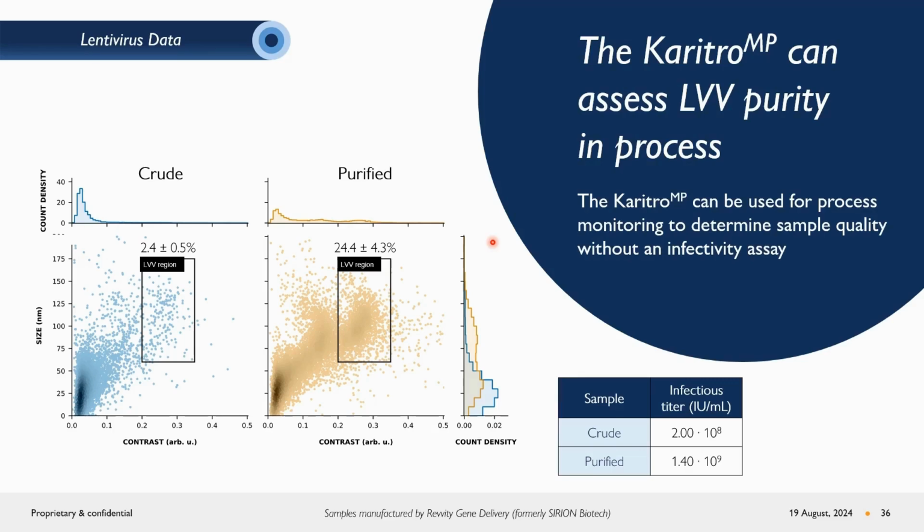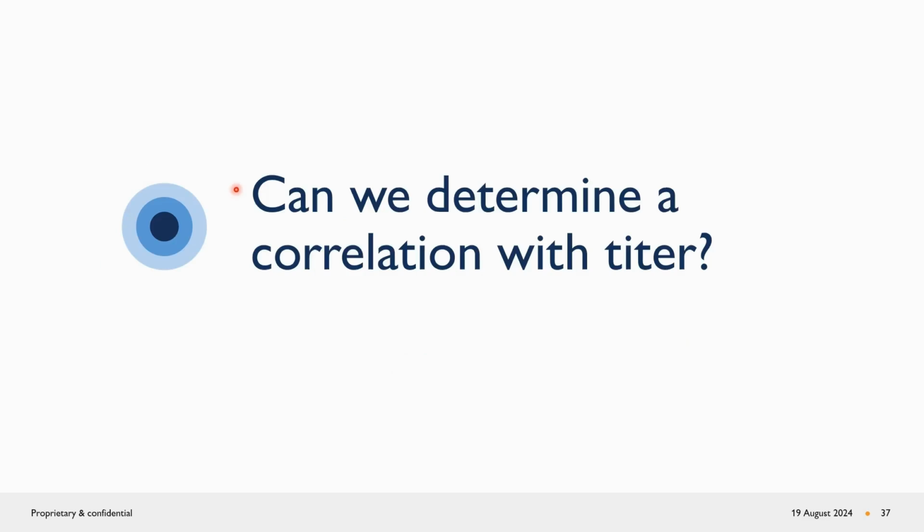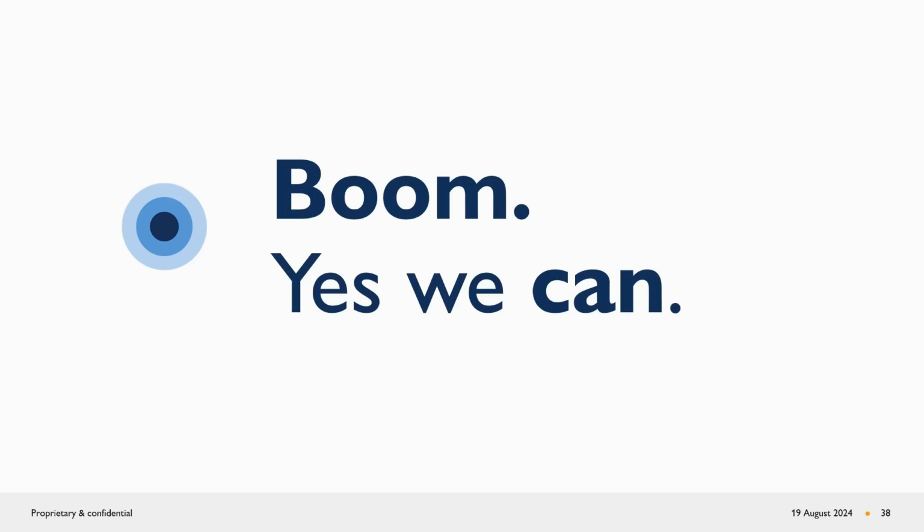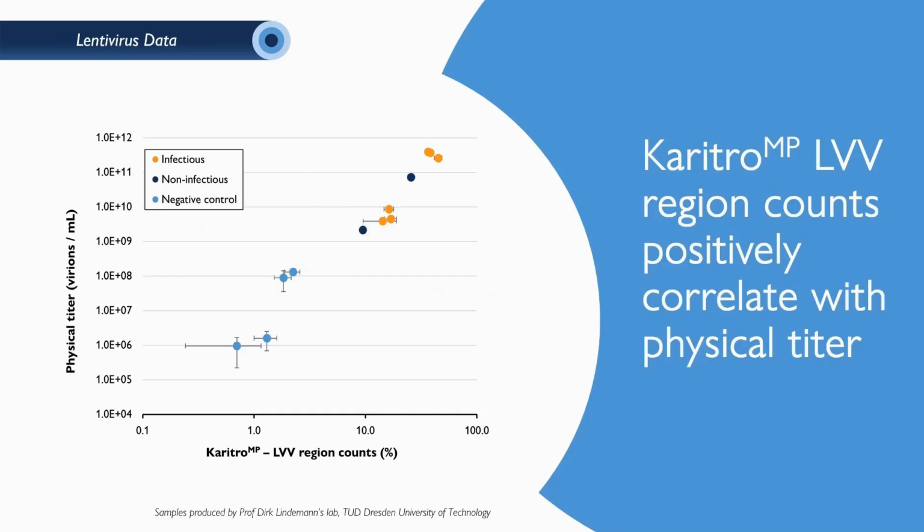And of course, the next question was, can we determine a correlation with titer? And the answer is yes, we can. We demonstrated, in collaboration with Professor Dirk Lindemann's lab from Dresden University, how the Karitro lentivirus region counts correlate positively with the physical titer that they determined by PERT assay, so virions per milliliter. Different sorts of particles were measured, so we had infectious particles, non-infectious particles, as well as negative controls.